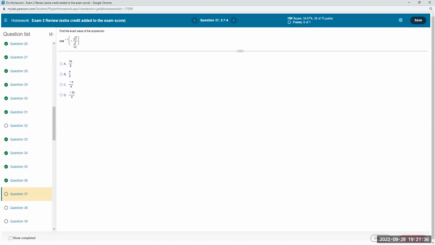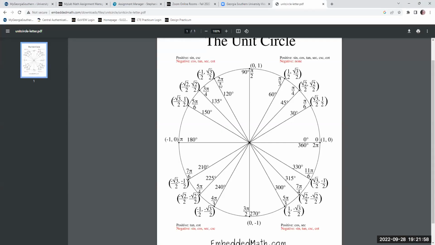Okay, so we're looking for the x coordinate now of -√2/2 in the first or second quadrant. And because it's negative, it's obviously going to be in the second quadrant. So let's go to the unit circle and take a look there. Okay, here we are, -√2/2, and this is the x coordinate.